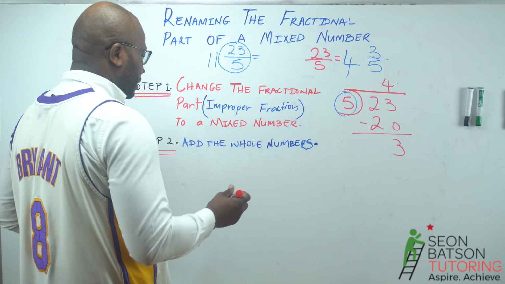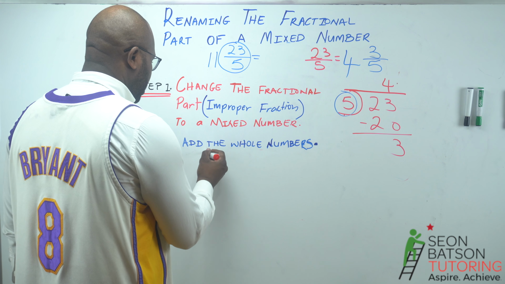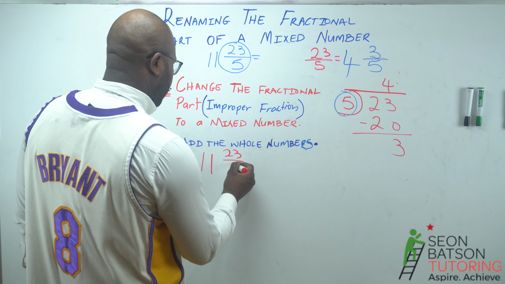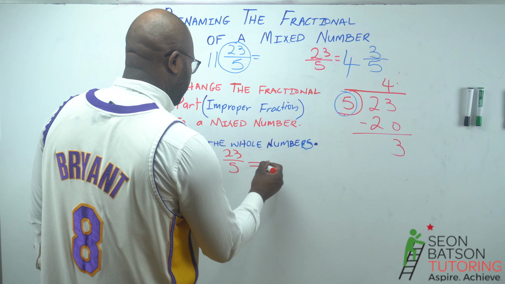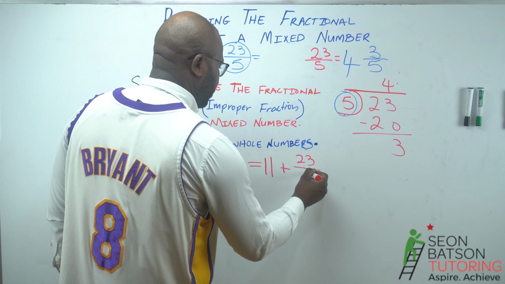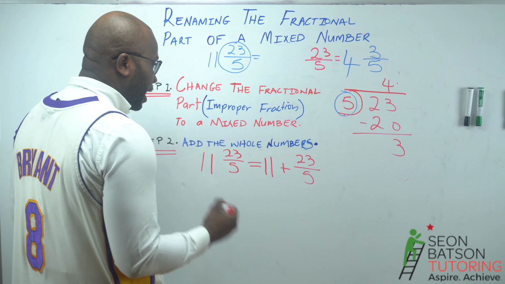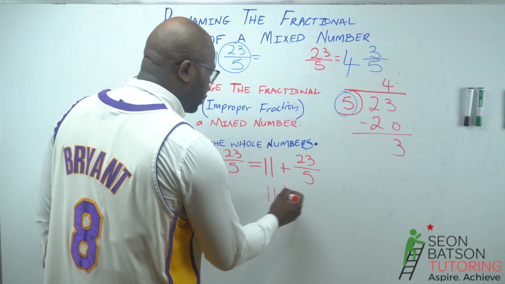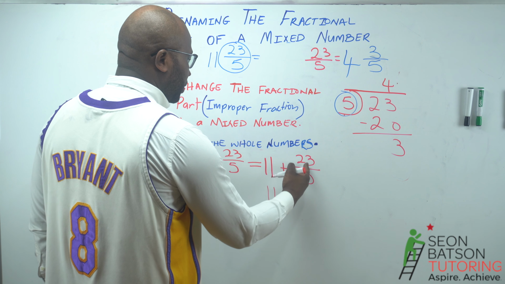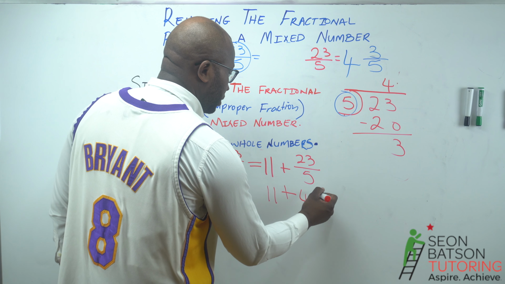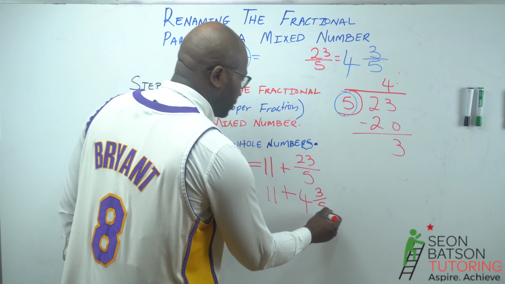Now let's add the whole numbers. Remember, we can rewrite 11 and 23 over 5 as 11 plus 23 over 5. Now, let's go. We'll keep the 11 here. And we just changed 23 over 5 to a mixed number, and we got 4 3/5.